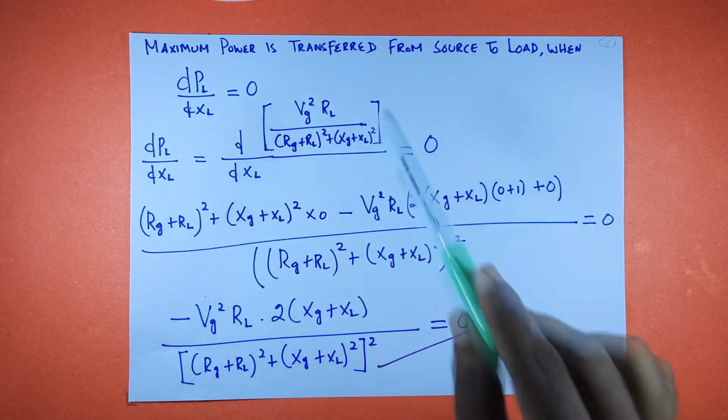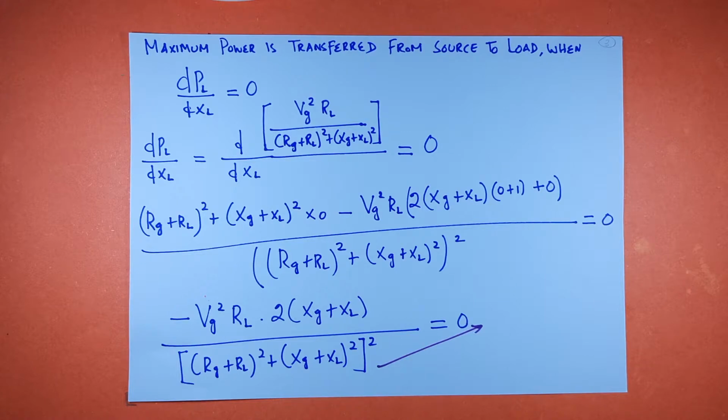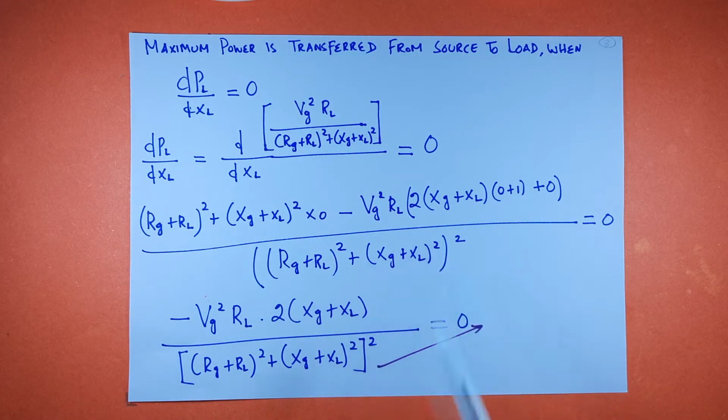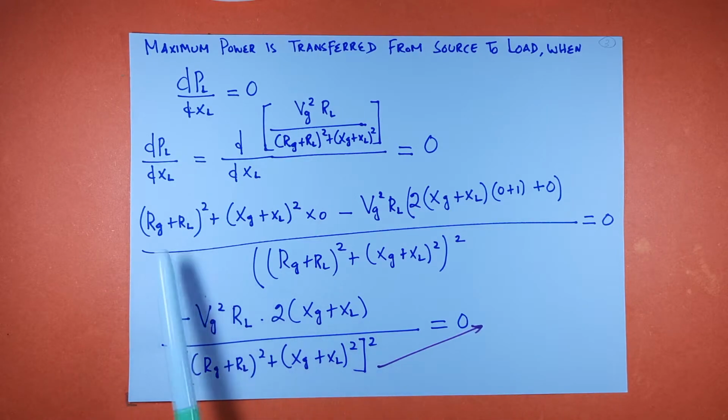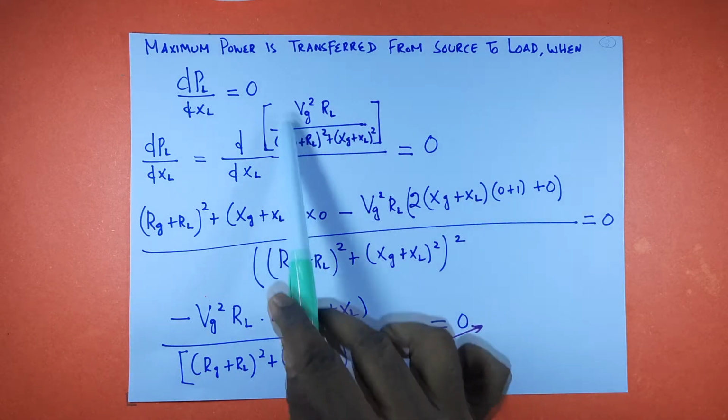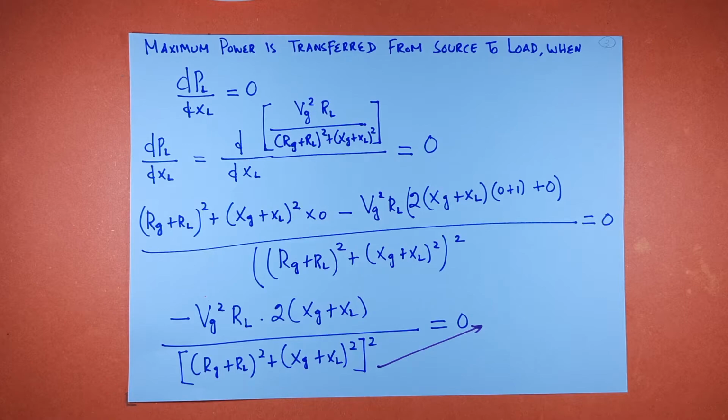The numerator is u, the denominator is v, so the denominator becomes v square after differentiation, that is Rg plus RL whole square plus Xg plus XL the whole square, all squared. Then we keep v, the denominator, and differentiate the numerator with respect to XL.